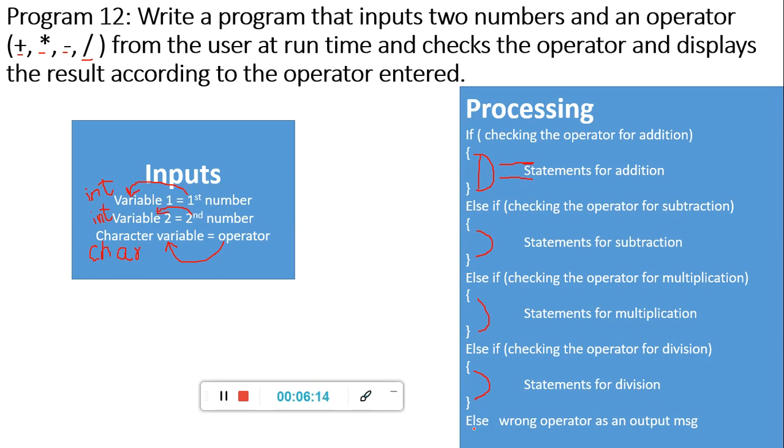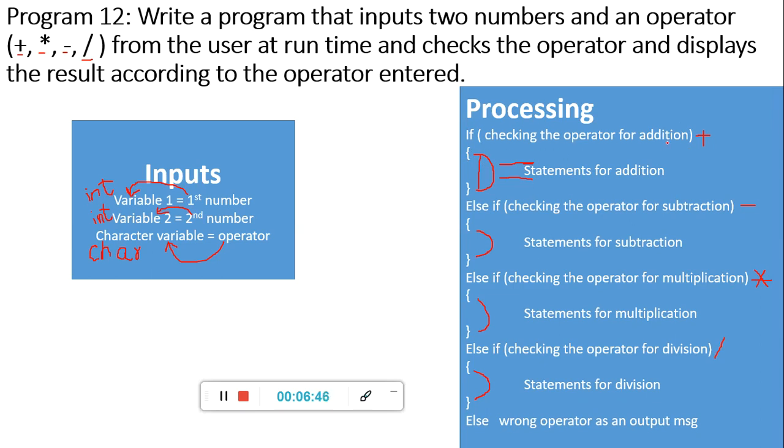So let's suppose the user mistakenly enters a wrong operator. At that point, none of the operators are encountered: the first one is for plus, the second else if is for hyphen, the third is for multiplication star, and the fourth one is for front slash division. So no condition will be true.